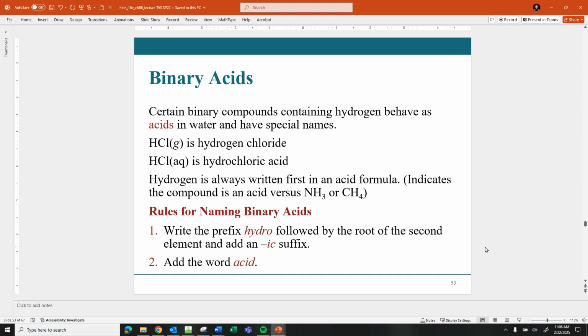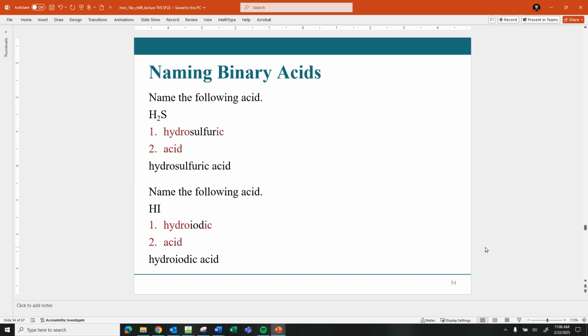You put hydro, the root of the second element with the ic suffix, and then add acid. Hydro is to represent the hydrogen. So H2S is hydrosulfuric acid. Name HI, hydroiodic acid.